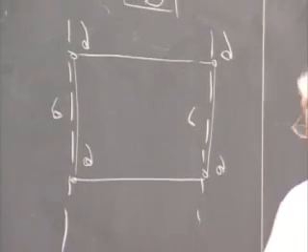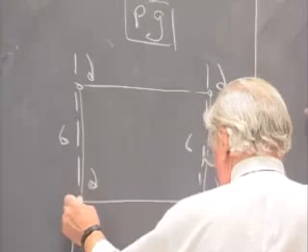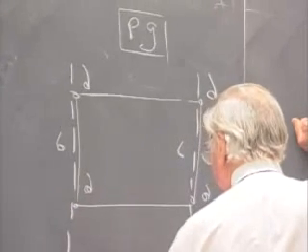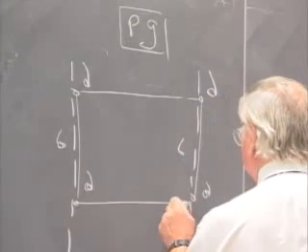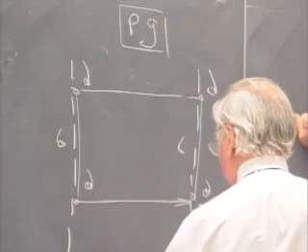And what I have to ask is, what is the glide operation sigma tau combined with, let's say, this translation T1?